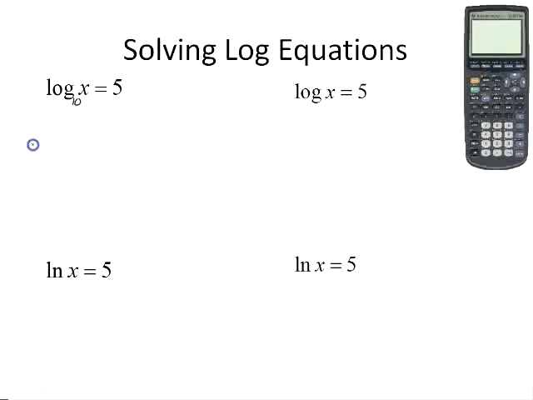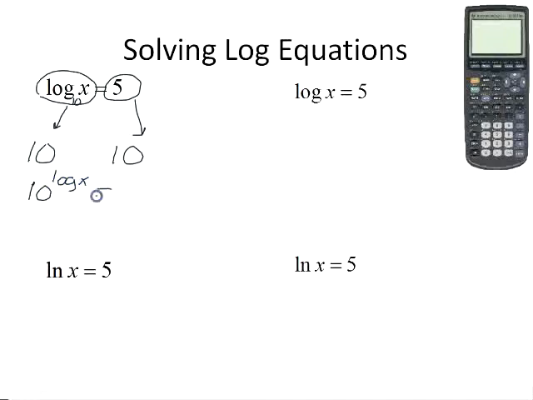So to exponentiate this, I would want each side of the equation to become the exponent with a 10. So I would have 10 to the log of x power equals 10 to the 5th power. The reason I choose 10 here is because your 10 and your log base 10 are inverses of each other.